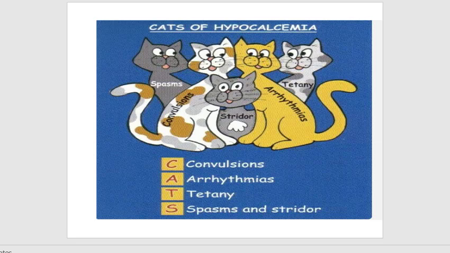Osteoporosis. Now this happens with a chronic hypocalcemia. This is why a lot of older patients are on calcium and vitamin D supplements to prevent the chronic hypocalcemia and to ensure that we're getting enough calcium in our body so that our bones are not depleted.